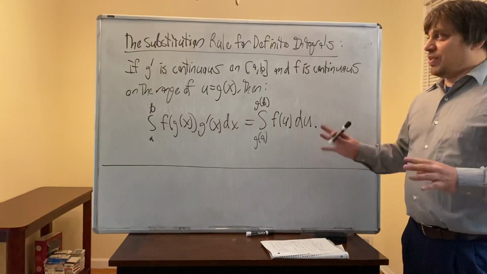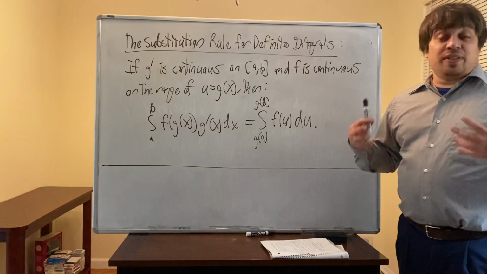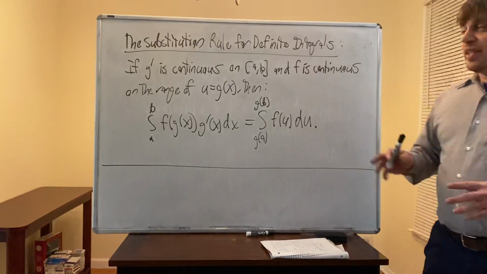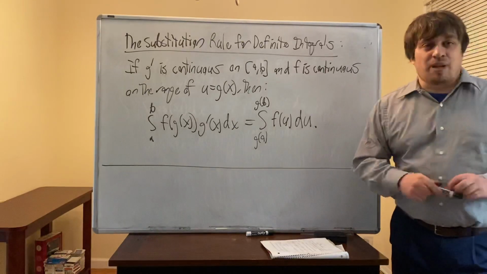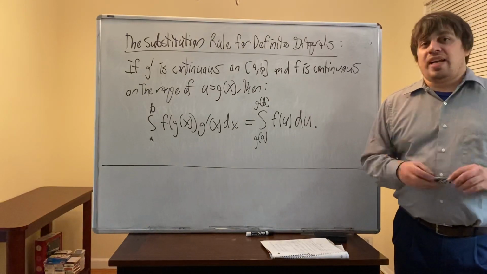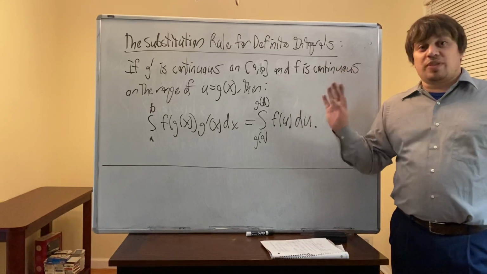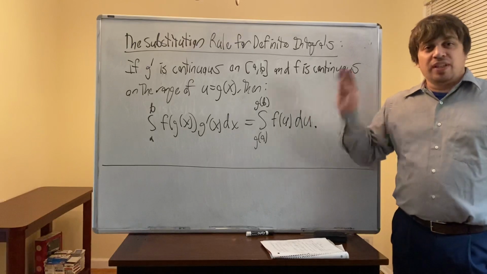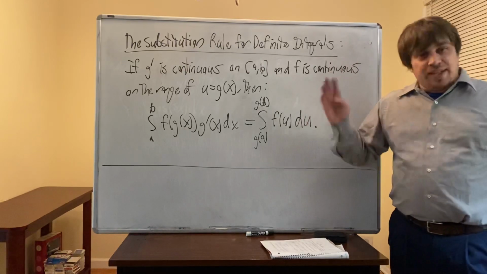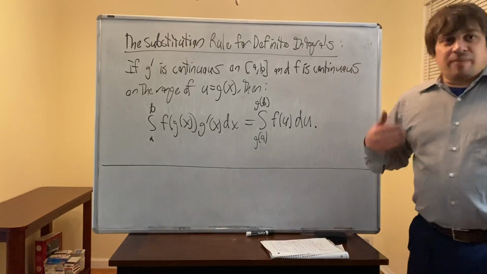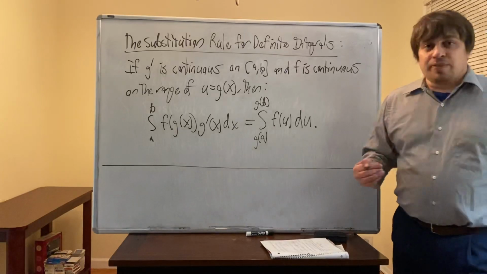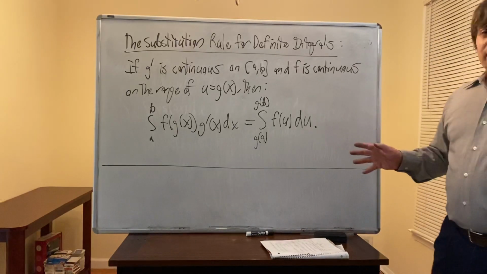Okay, that's the substitution rule for definite integrals, and I know you don't understand what I just said. So again, the easiest way to grasp this is to use it in a problem and understand how to use it, right? The substitution rule hopefully started making more sense when you saw me do 4 or 5 examples where I was doing almost the exact same thing, and it became kind of formulaic as to how you use it. You can do that with this also, I guess.